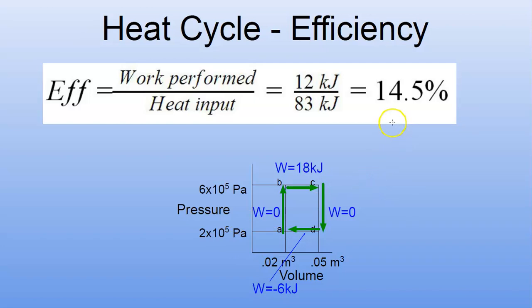Your car engine runs about 25% efficient. A gasoline internal combustion engine only turns a quarter of the heat that you put into work, into pushing your car down the road. The other 75% goes down the road as wasted heat, as exhausted heat. That's one of the things with global warming, climate change, whatever you want to call it.